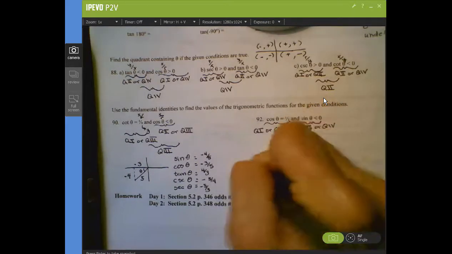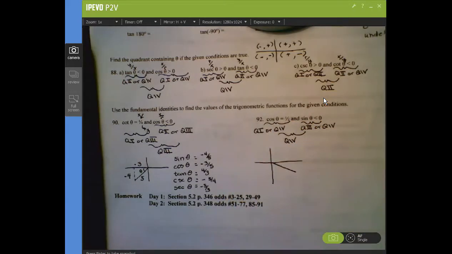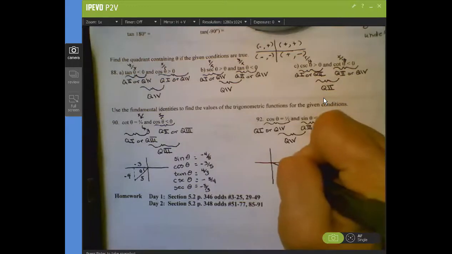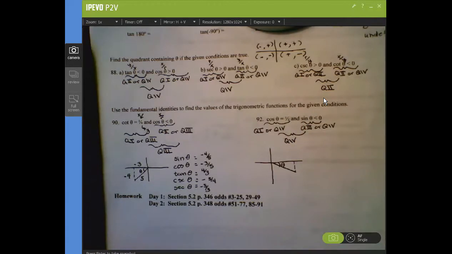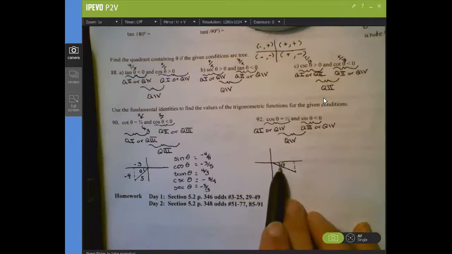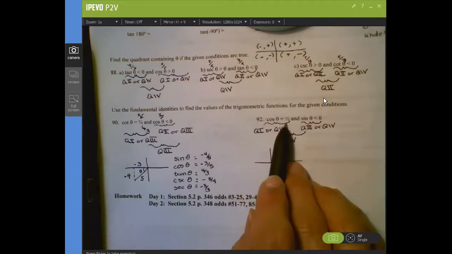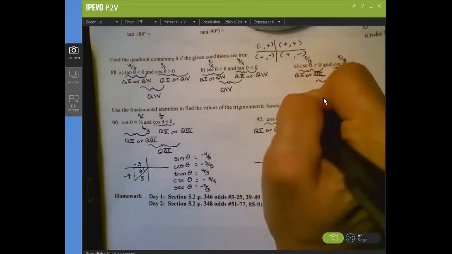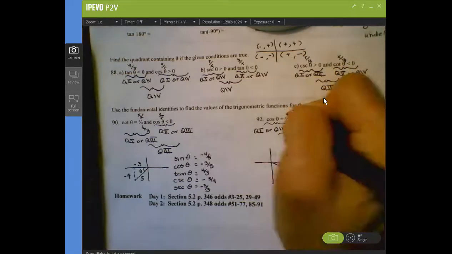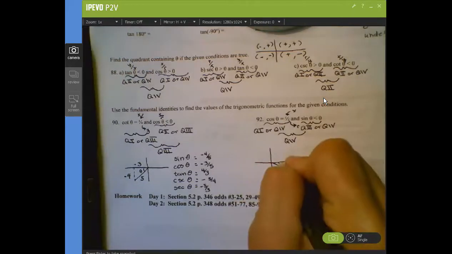So I'm going to draw a fourth quadrant angle and raise a vertical line to the nearest x-axis. I'm going to label that acute angle theta. Then I need to label all three sides of this triangle in such a way that cosine of theta is a half. Well, cosine of theta is x over r. That means 1 is x and 2 is r. The radius is 2.